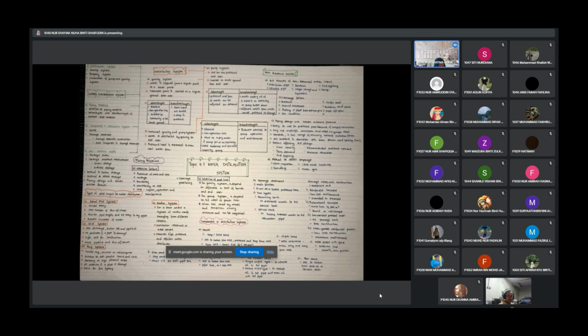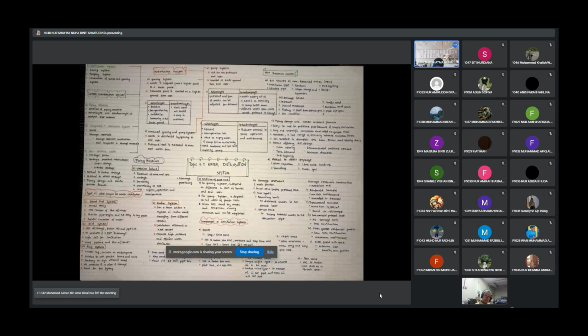And then seterusnya kita akan jumpa component in distribution system, ada valve, ada storage reservoirs, construction, main component in storage reservoirs. Dan sebenarnya kita akan jumpa non-revenue water. Dalam non-revenue water ni ada leakage factor, leakage procedure measurement, ada direct leakage dan indirect leakage, then method to control leakage, method to detect leakage, piping design with Hazen-Williams formula.